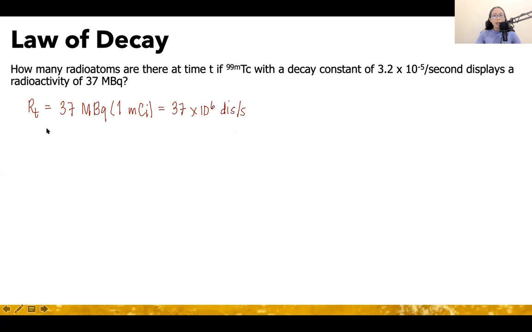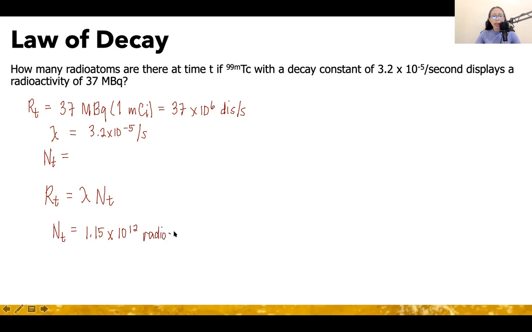Okay. Now, the lambda is given for metastable technetium-99 as 3.2 times 10 raised to negative 5 per second. So we are asked for N sub t, or the number of radioatoms. And this is pretty easy because we just need to supply the information that we have. So you do the substitution of the values, and you should be able to get 1.15 times 10 raised to 12 radioatoms.